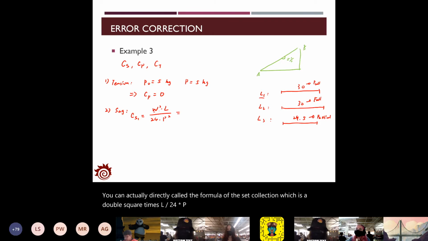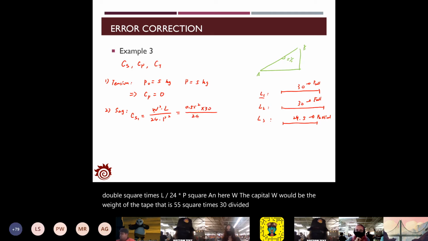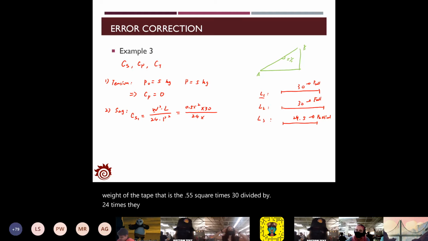And here W, the capital W, would be the weight of the tape. That is 0.55 squared times 30 divided by 24 times the applied tension, that is 5 squared. So this is about the first measurement.